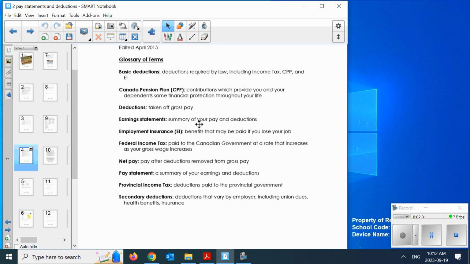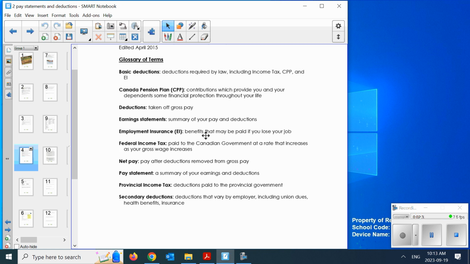Earnings statements: usually you don't get paper ones anymore. Everything's digital. But it's a summary of your gross pay and then the deductions that come off. Employment insurance: you pay into that, but if you ever lose your job, which is different than quitting your job, you might be able to apply, and it pays you in the meantime until you find another job. Sometimes it helps seasonal workers.